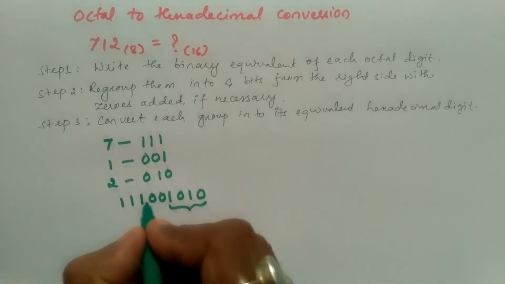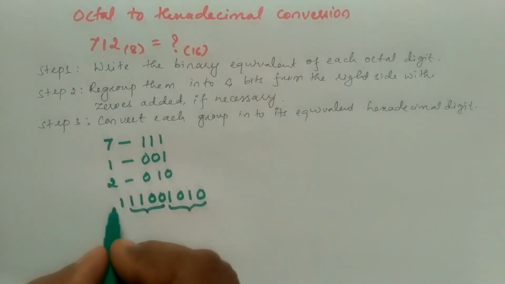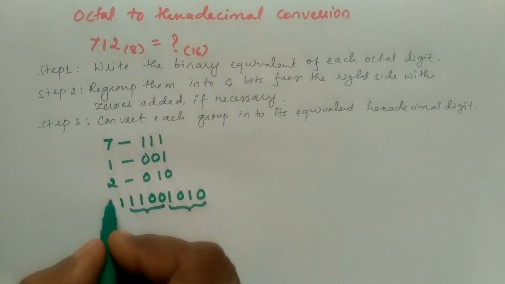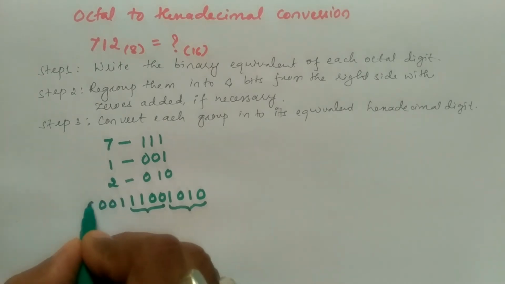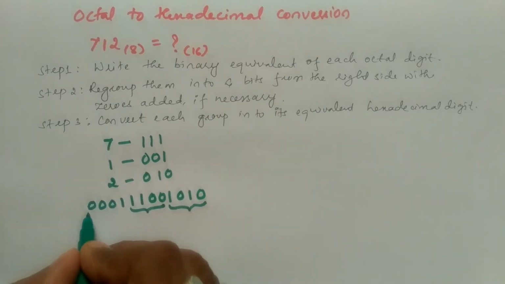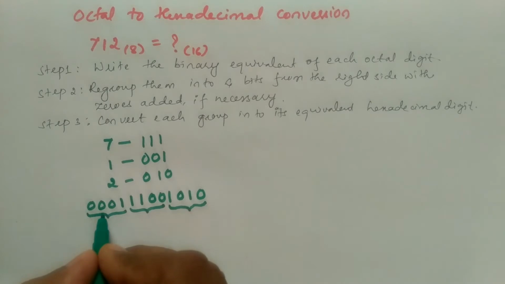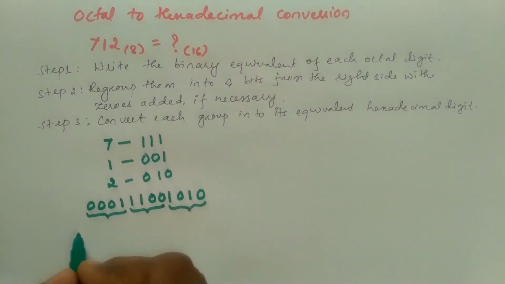So here 1, 2, 3, 4. Again I group these 4 bits together. We will be remaining with only 1 bit, so for that I need to add additional zeros on the left hand side. These are called leading zeros, added in order to make a group of 4 bits.